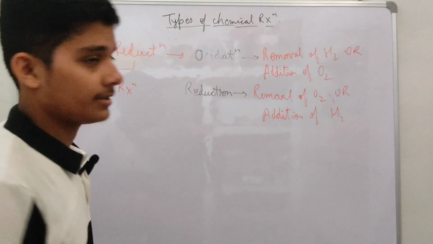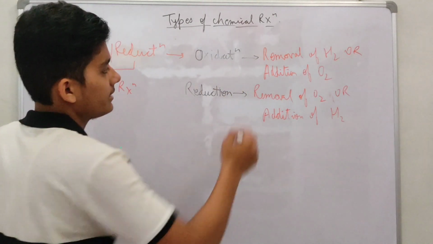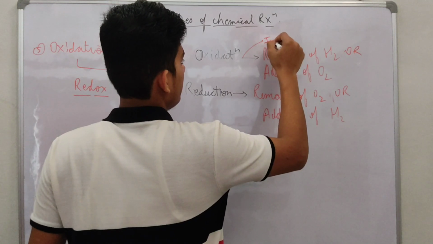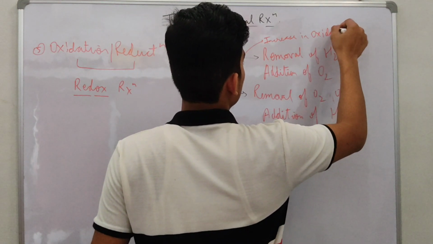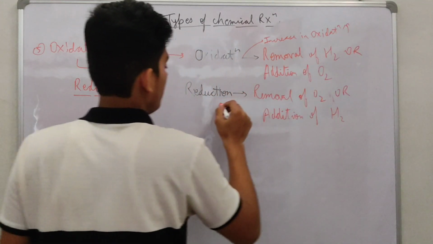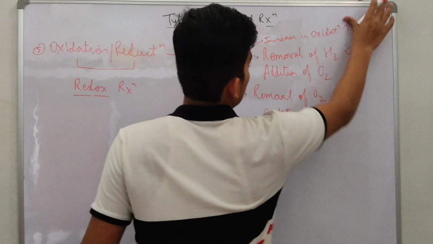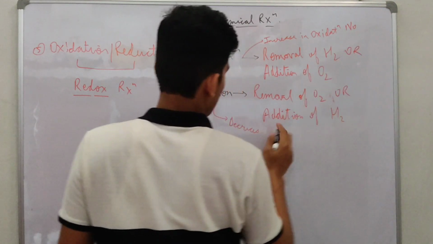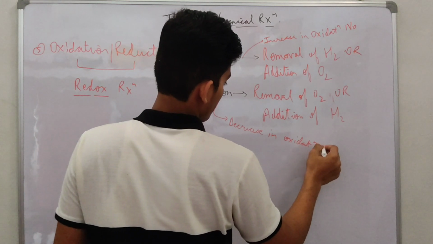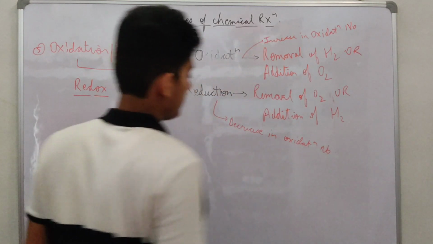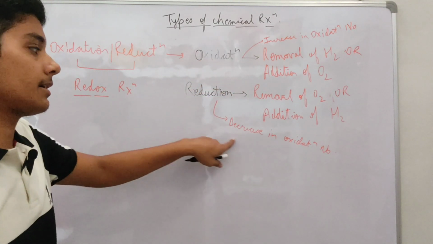There are much heavier definitions in class 11th. Oxidation is an increase in oxidation number, and reduction is a decrease in oxidation number.